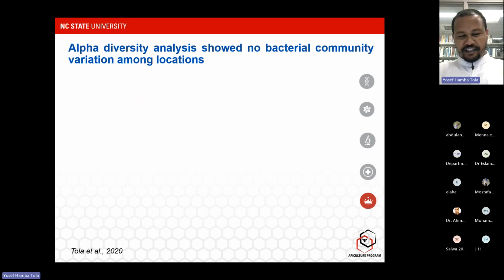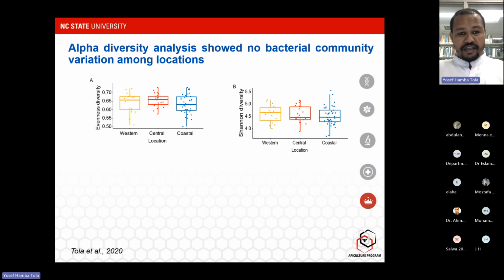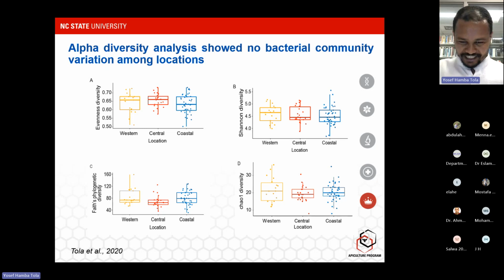My alpha diversity analysis showed there is no bacterial community variation among those locations. That means most of the microbes from the honeybees are conserved, as I mentioned in my introduction. When we look at the evenness diversity, there is no significant difference, and even the richness through the Shannon diversity, the phylogenetic diversity, and the Chao diversity shows no significant difference.